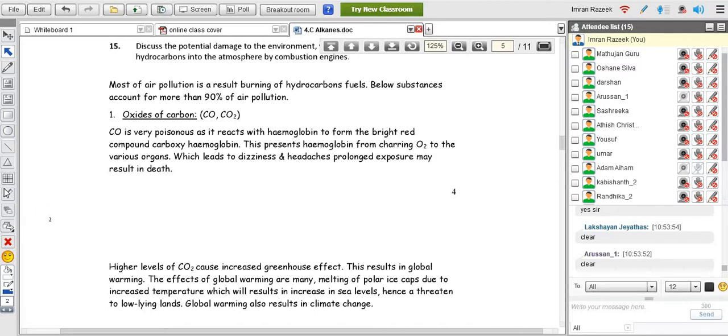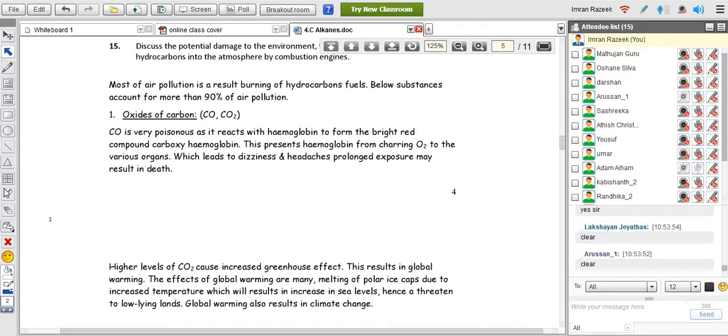The reason is that carbon monoxide combines with the hemoglobin in the blood to form a bright red compound known as carboxyhemoglobin. So once hemoglobin turns to carboxyhemoglobin, the hemoglobin will be unable to carry oxygen to the organs, because hemoglobin has a very high affinity towards carbon monoxide compared to oxygen.